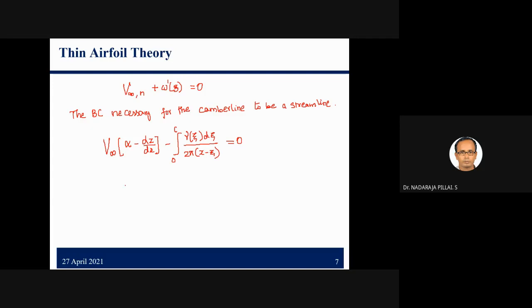Or one can write 1 by 2 pi integral 0 to c gamma of zeta d zeta by 2 pi into x minus zeta, that is equal to V infinity into alpha minus dz by dx.